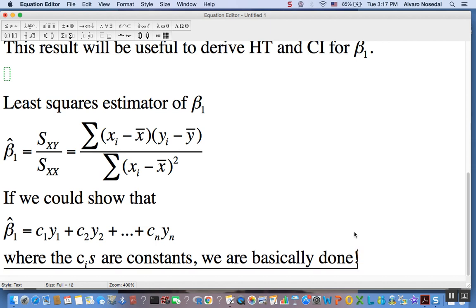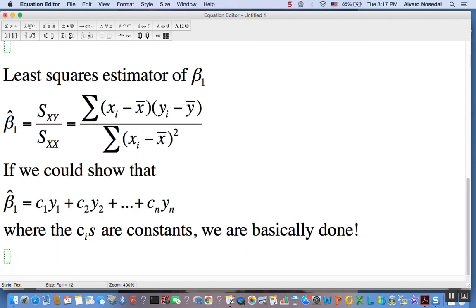So that's our goal. And again, if we can express our estimator beta1 hat as a linear combination of normal random variables, well, we know from Statistics 256, Statistics 260 that the linear combination of normals is normal, right? And we can easily show that using the MGF approach.